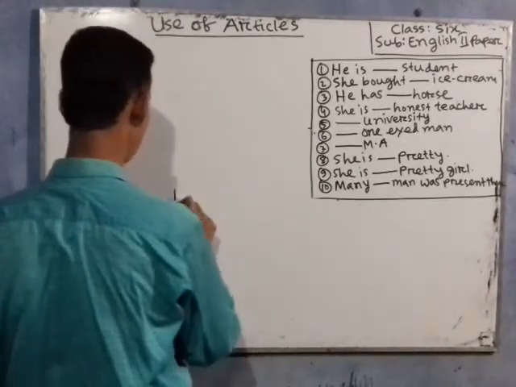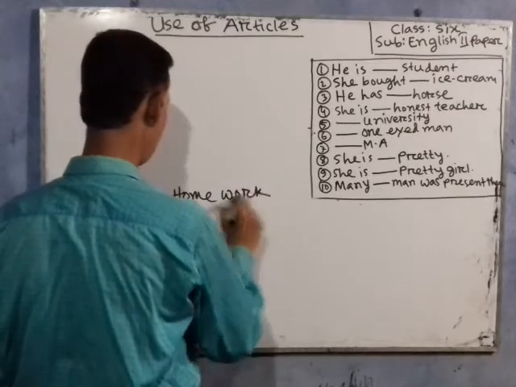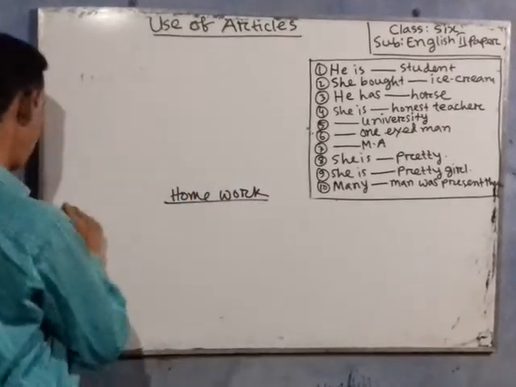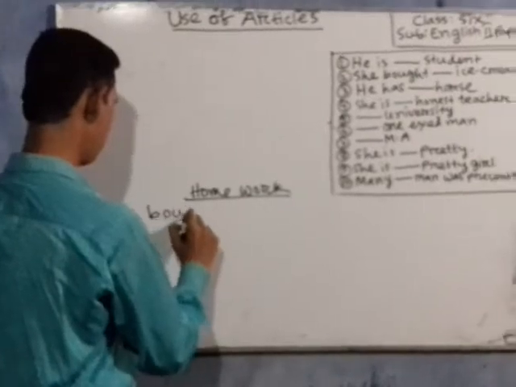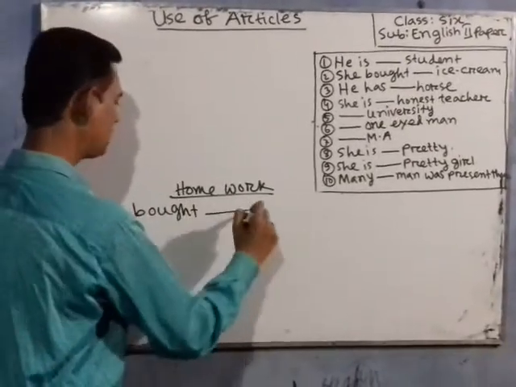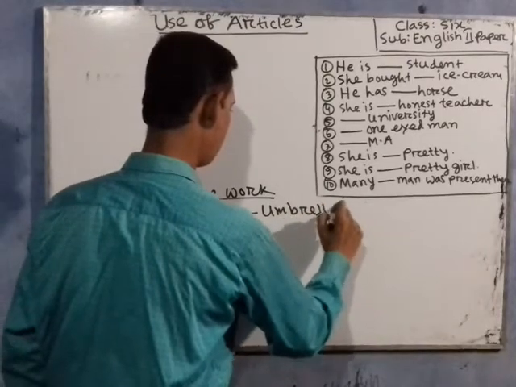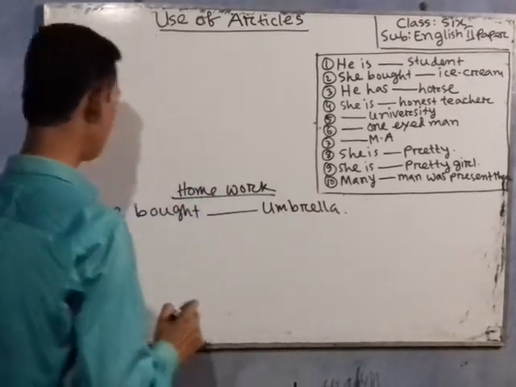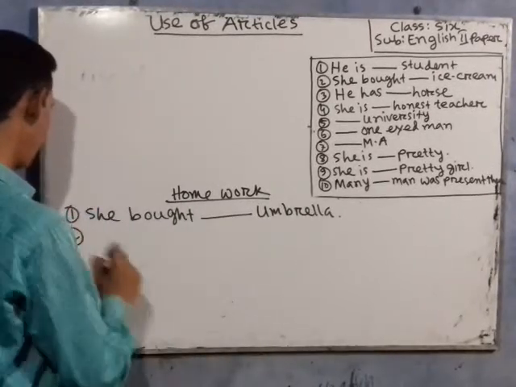Homework. Number 1: she bought dash umbrella.